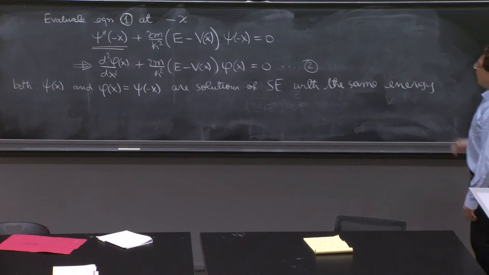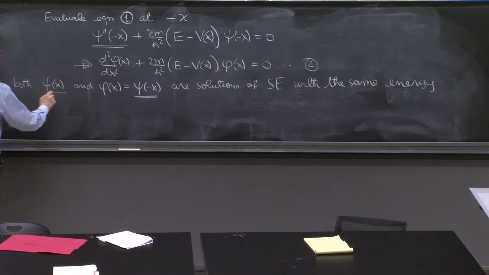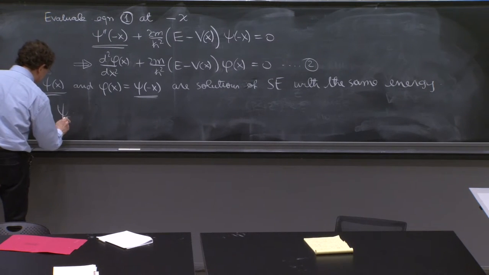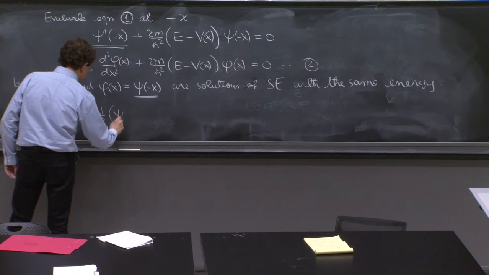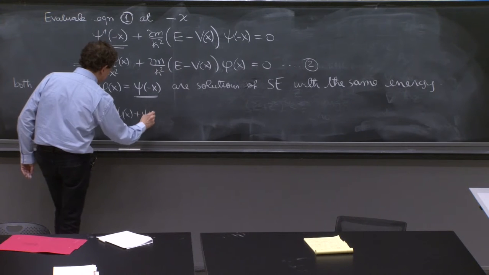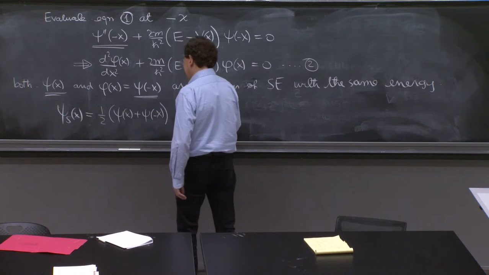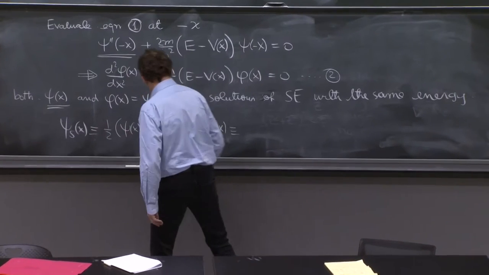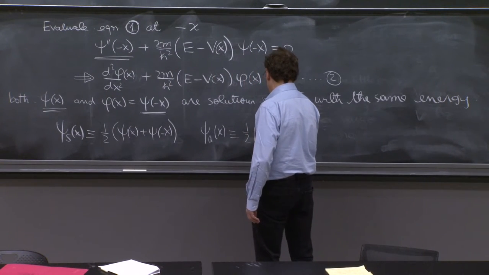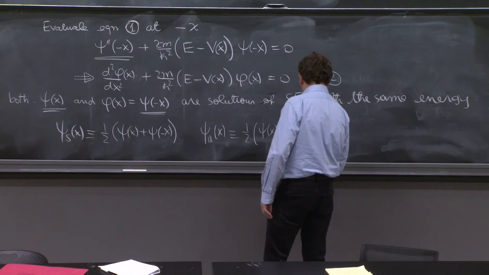And therefore, if you have two solutions, and now I emphasize this, psi of minus x and psi of x, then you can form the symmetric part of the wave function, which is 1/2 psi of x plus psi of minus x, and the antisymmetric part of the wave function, which would be 1/2 of psi of x minus psi of minus x.